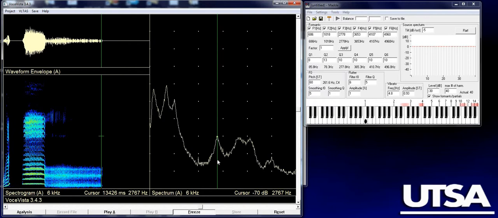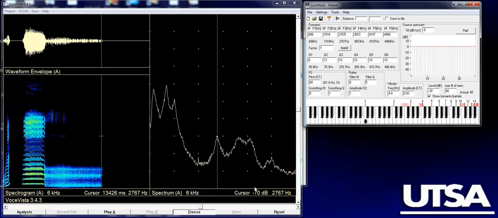I'm going to correct that, and correct that up here as well. Now, the default bandwidth is basically a 10% bandwidth, but we're going to get a more accurate measurement of that here.